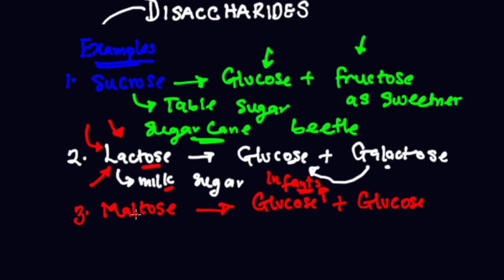Now, maltose is formed from the reaction that occurs between two glucose residues, right? And one thing about maltose is that it is commonly an energy intermediate. It is very important when it comes to starch digestion, because starch is a polysaccharide, or let me say a homopolysaccharide, because it contains glucose all through.